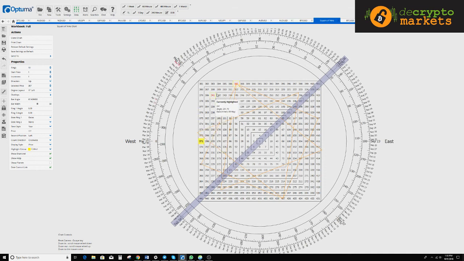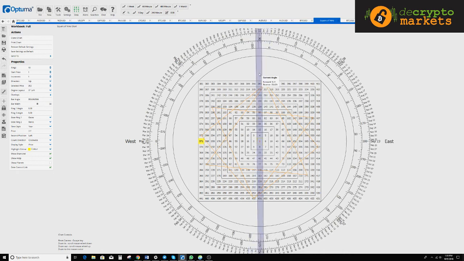So the all-time high, if you take the square root of it, 19,898 rounded, the square root is 141, and the degrees of 144, which is a very important number, date, and angle in Gann's work.